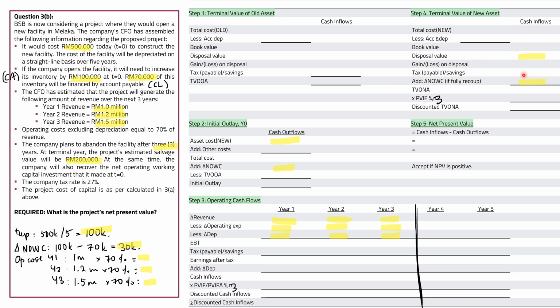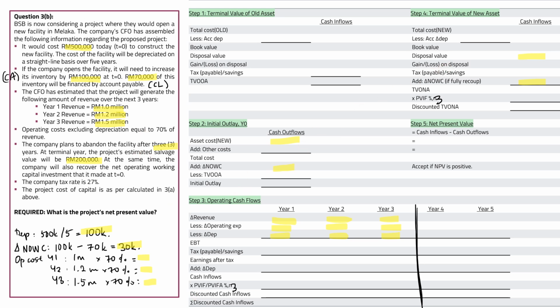After 3 years, I do get back that 30,000. However, that 30,000 in 3 years is worth a little bit less now. So maybe its value when you discount it back is like 25,000. Yeah, so that's why we have to take working capital into account.